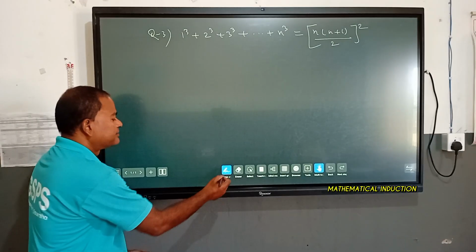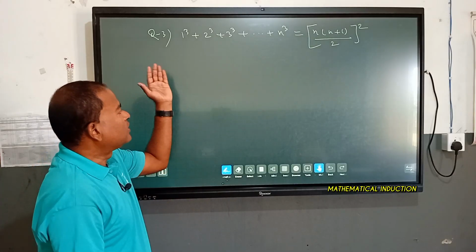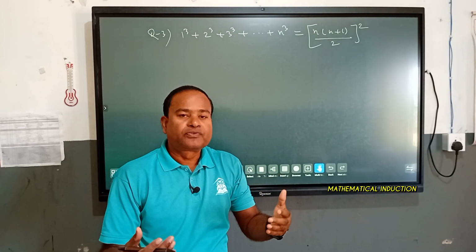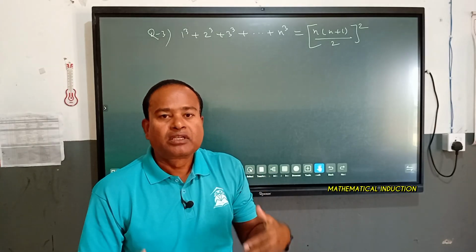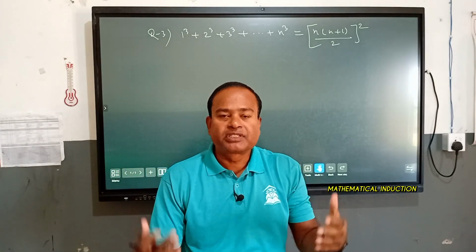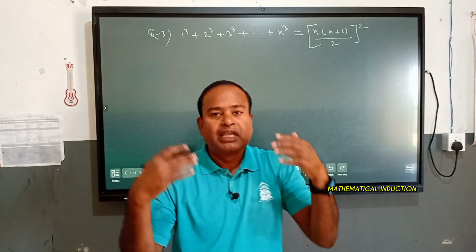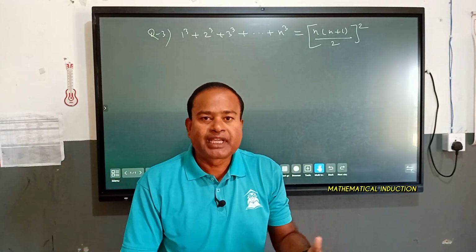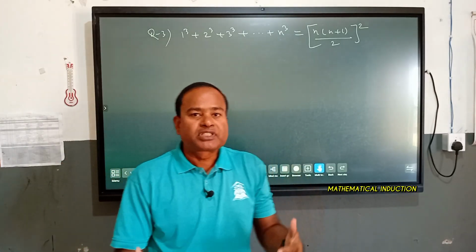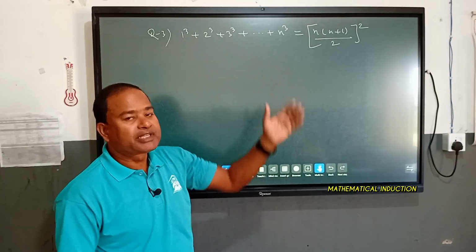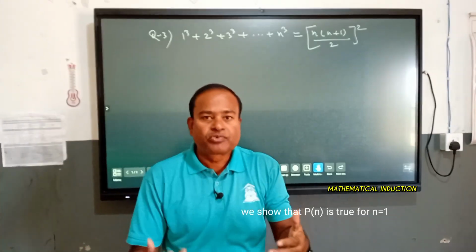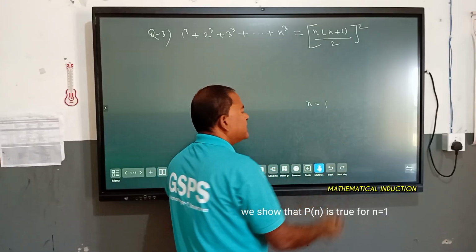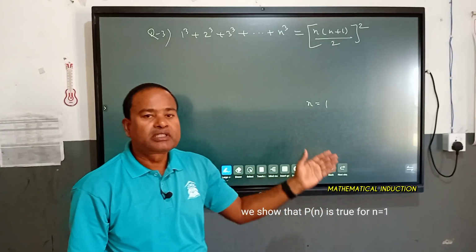So dear students, according to the principle of mathematical induction, in order to prove any formula or any theorem by using the principle of mathematical induction, at first we have to suppose the given statement as Pn. Then we show that the given statement is true for n equals 1.